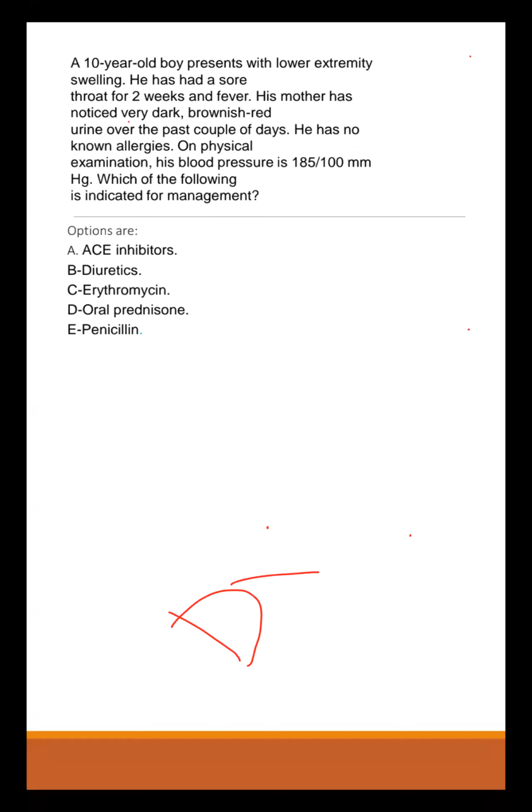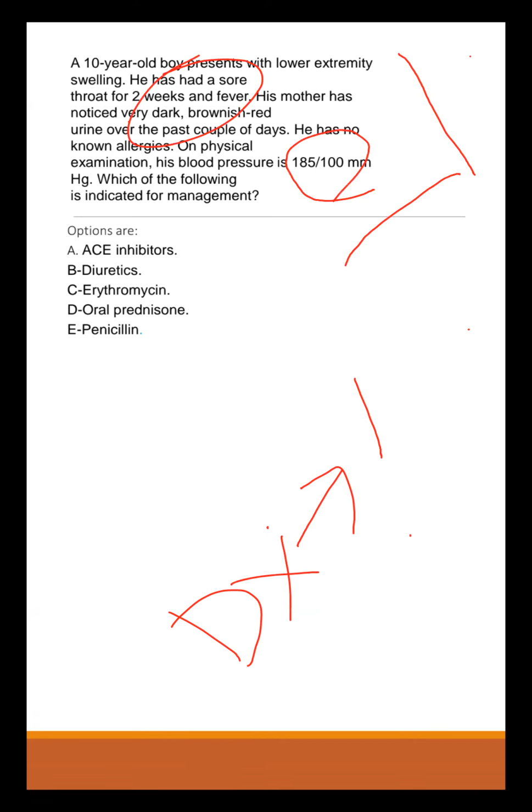So the diagnosis is, 2 weeks history, BP high, dark brownish red urine and sore throat.